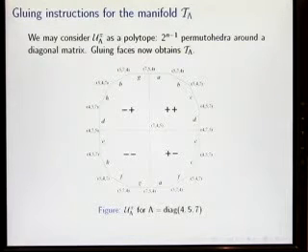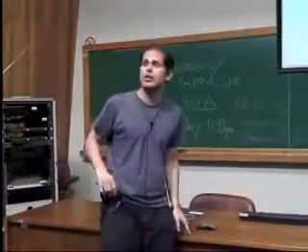So that set looks like a polytope. That polytope is obtained by gluing 2 to the n minus 1 permutohedra around a diagonal matrix. And if you glue the edges of that polytope, you obtain the manifold T lambda. So that's a very explicit description of T lambda.